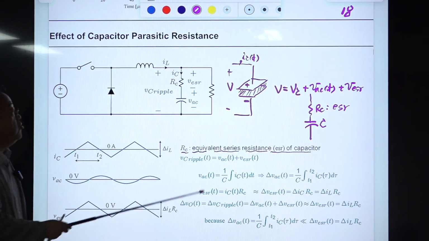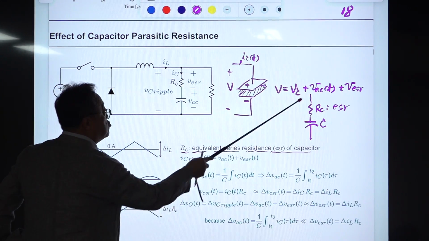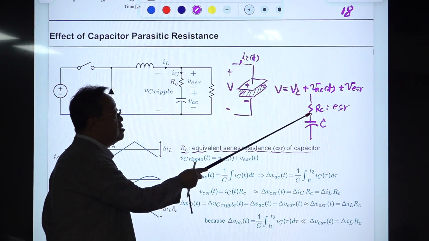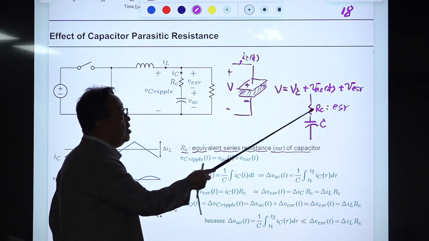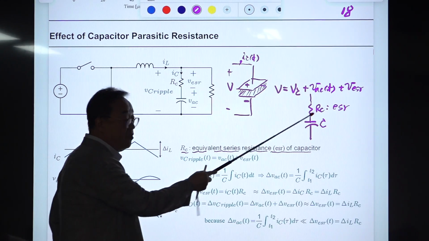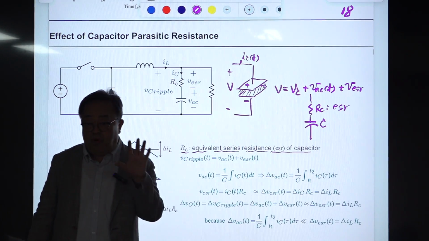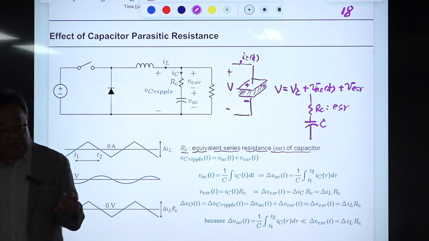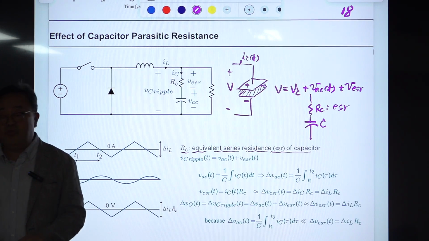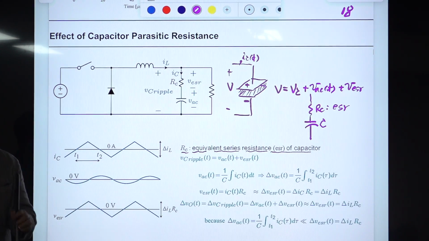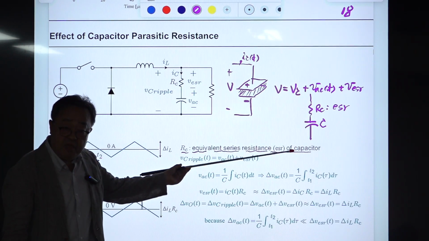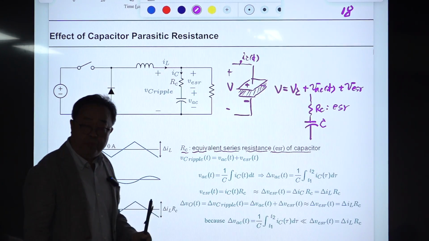So you should know the presence of this, and you should measure the value of this, okay? Usually manufacturers don't provide information about this, or they provide inaccurate information. So if you build hardware, you should measure this, okay? There is another pitfall.